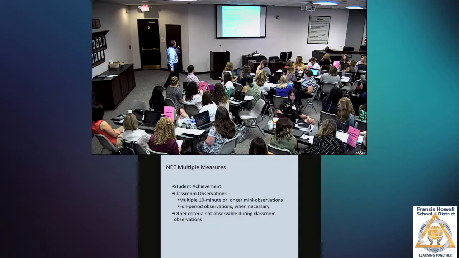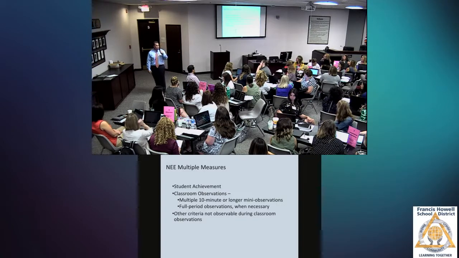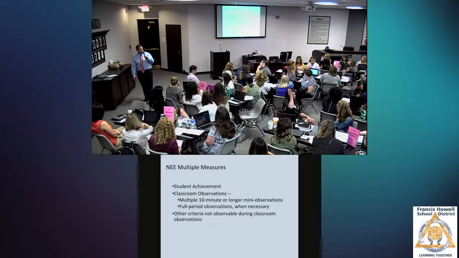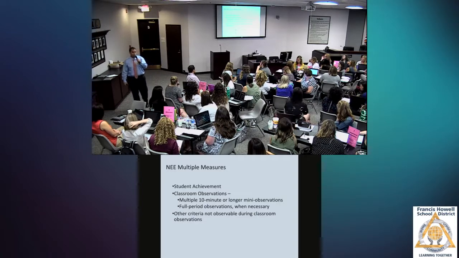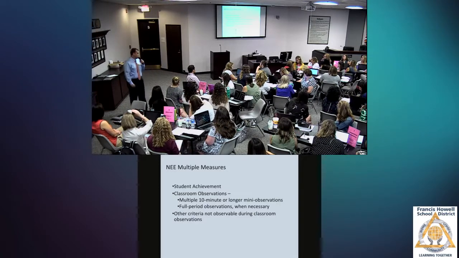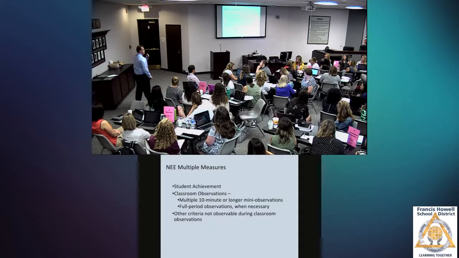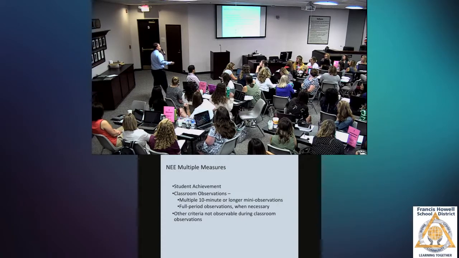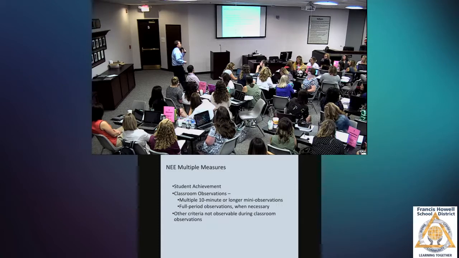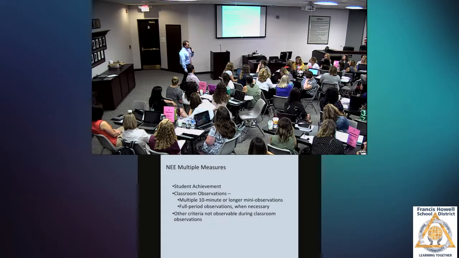So student achievement and our classroom observations. Your principals will come in this year. For first year or any new teacher to the district, you're obviously non-tenured, you're on what we call a summative cycle. So they will come in for 10 minutes 6 times throughout the school year.